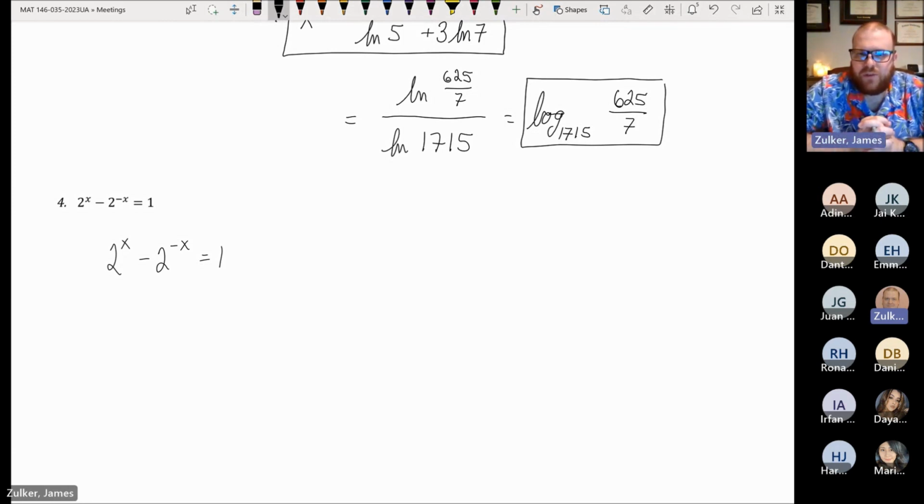So instead, why don't we multiply everything by a 2 to the x? So 2 to the x times 2 to the x. Isn't that 2 to the 2x? And then 2 to the negative x times 2 to the x is just 1.